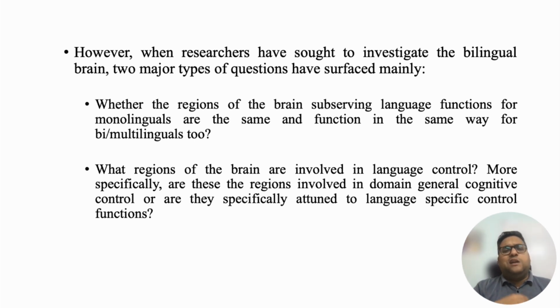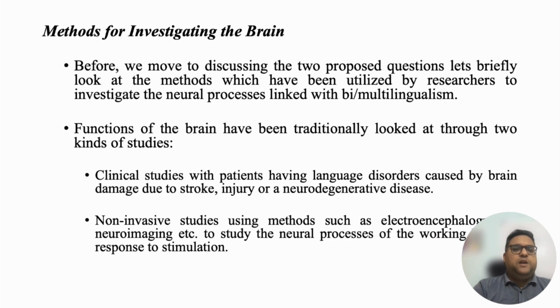Before we go on to understand these questions, and before we look at research studies on these questions, let us look at some of the methods that have been used for investigating the brain. Now, functions of the brain have traditionally been looked at through two kinds of studies.